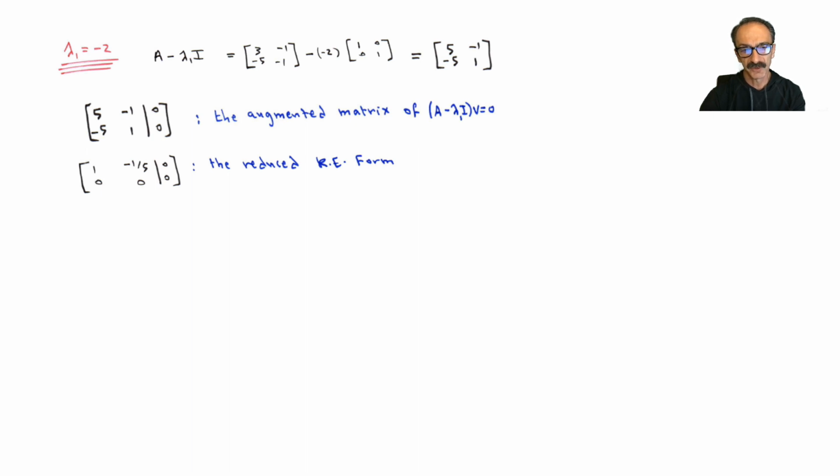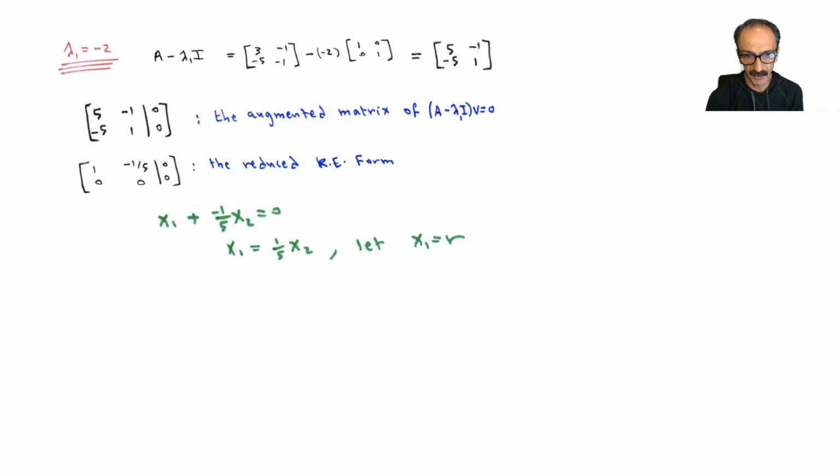Now usually we go backwards and we have a free variable, so we call x2 equals t, but this time I'm going to call x1 equals t. You'll see why. You don't have to, but that's an option. To show the steps, x1 plus -1/5 x2 equals 0. And as I said, I'm going to call x1 equals r, not x2.